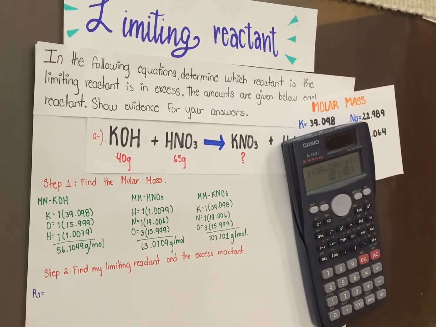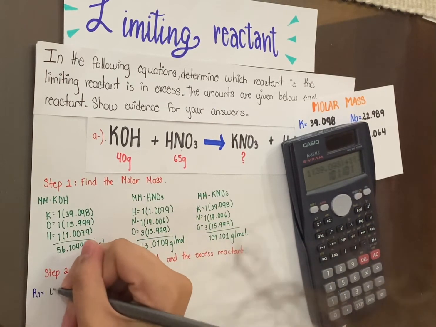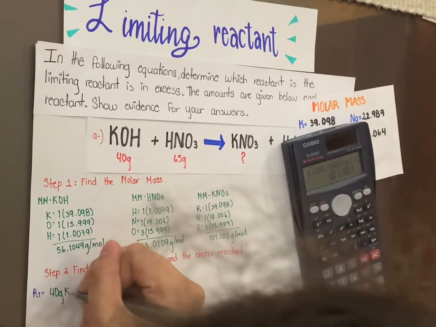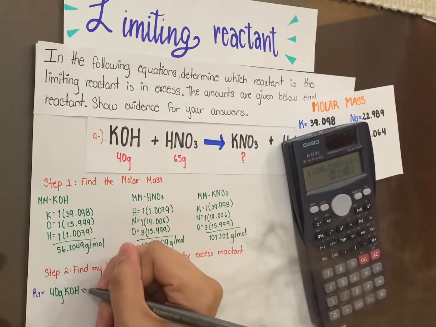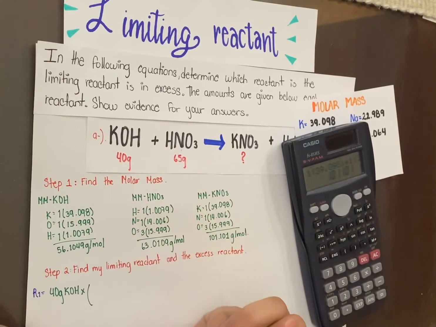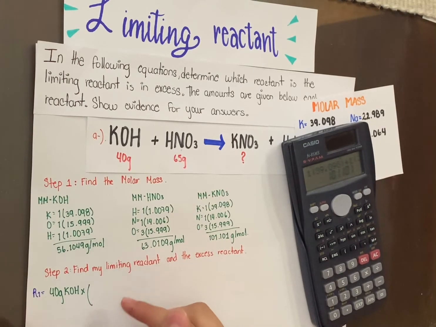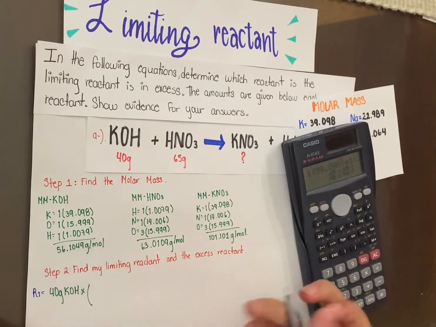So first, I will put the grams given. That will be 40 grams of Co. Okay? Then I will put in 1 mole, I will put my molar mass. That will be this one.